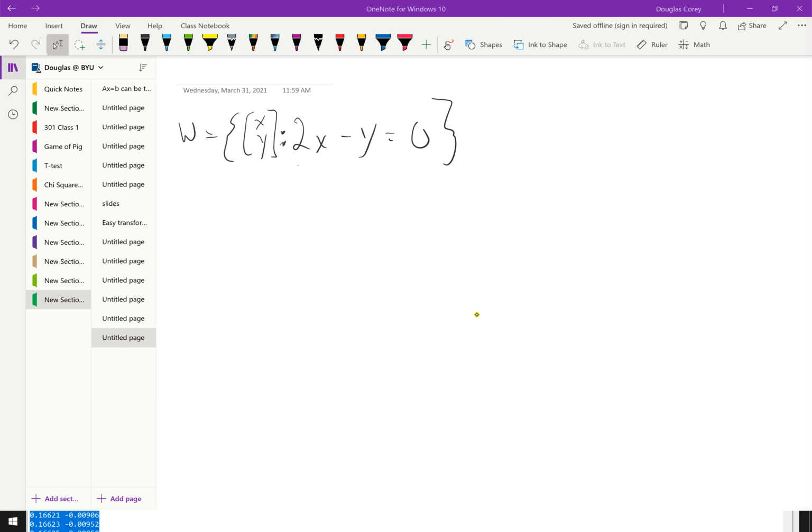One, since it's given as an equation, we can think about this in terms of the geometry of the Cartesian plane. I can write this line as, oops, I made a mistake.